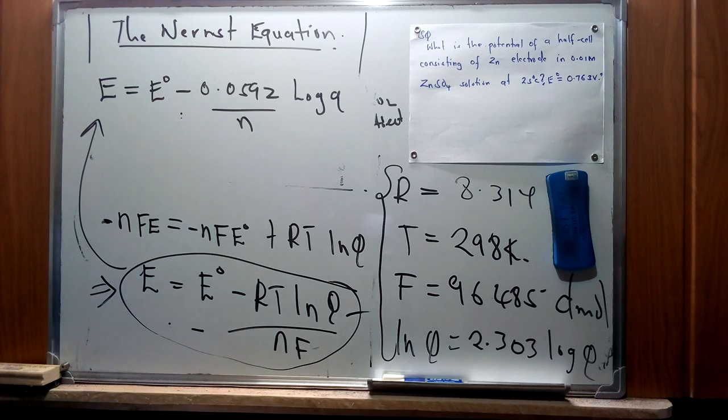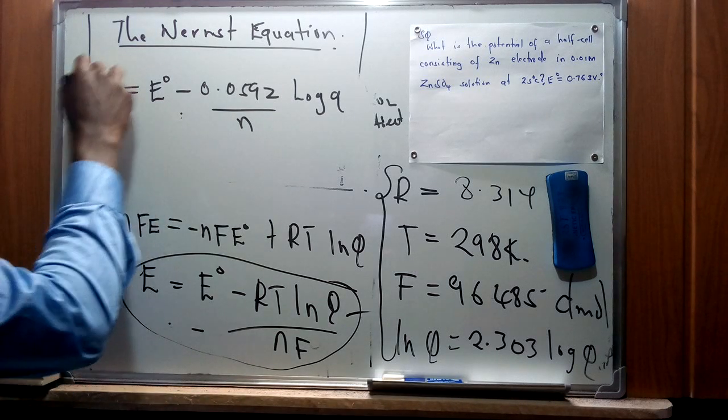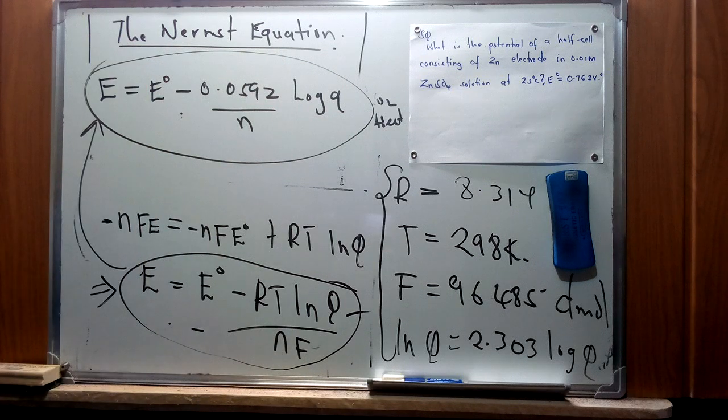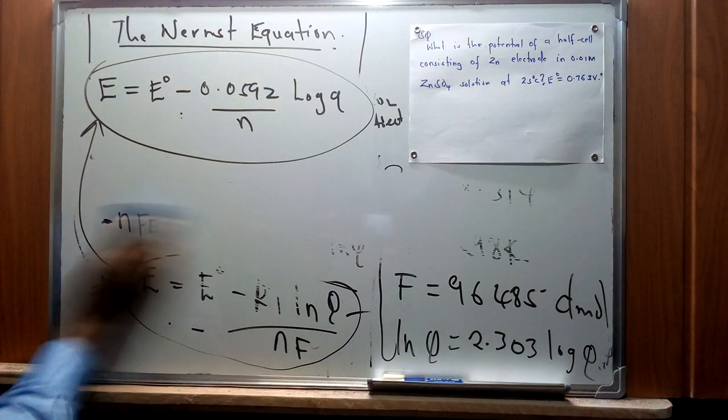So we are going to make use of the Nernst equation in order to find the solution to the problem that we have on the right side of our board.